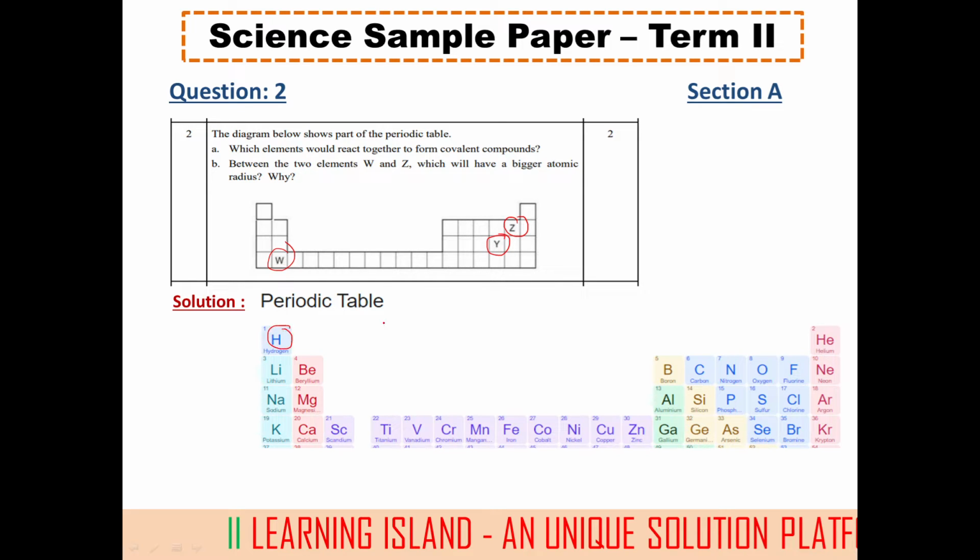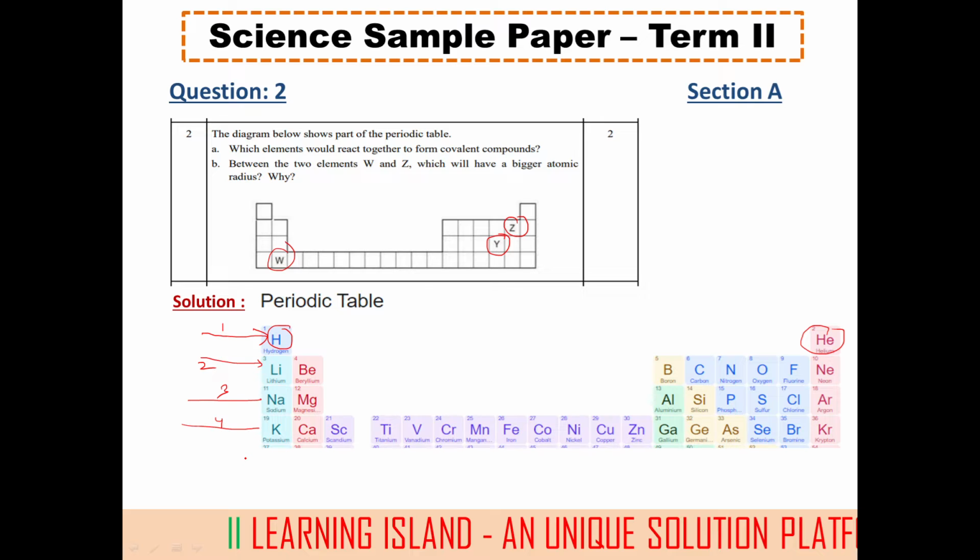This is hydrogen, then helium. Before this, all of you know this is period number 1, this is period number 2, this is period number 3, this is period number 4.